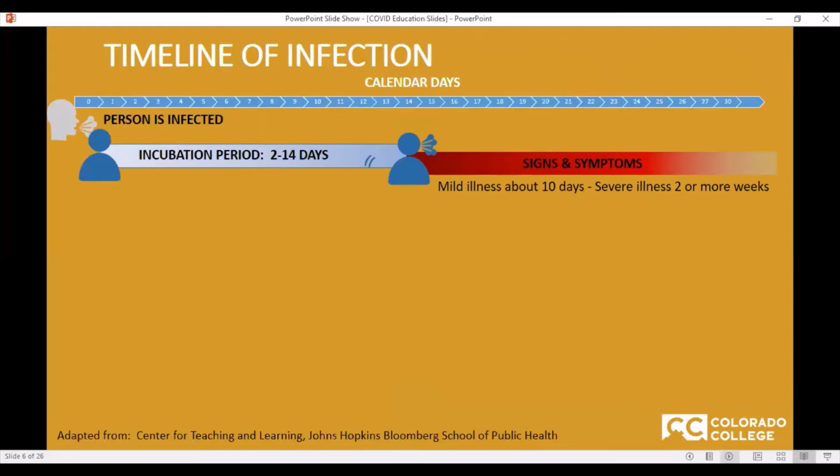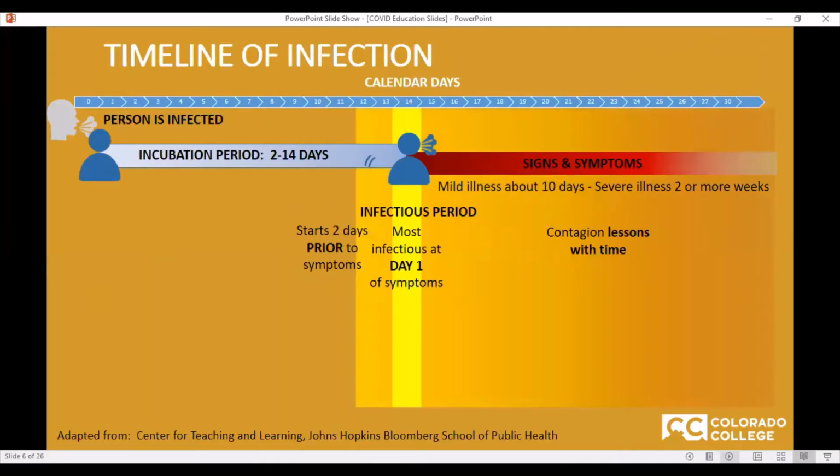People are most infectious on the day that they develop symptoms, but they actually become infectious 2 days prior to the development of symptoms. And contagion lessens with time. As symptoms improve, we become less contagious.